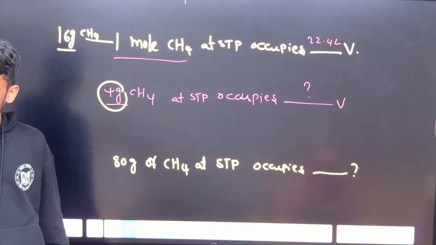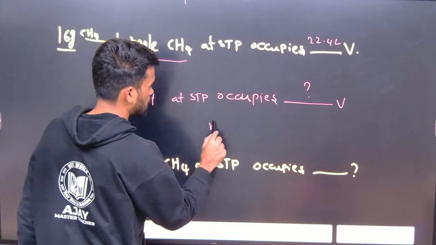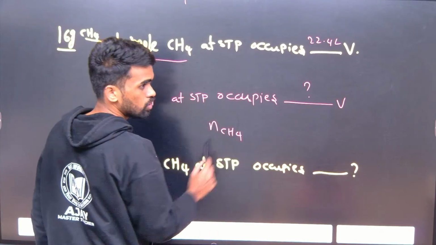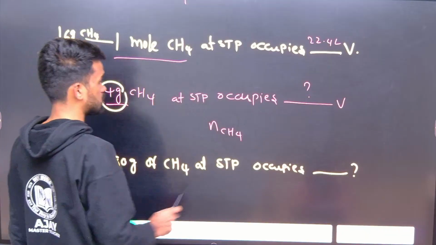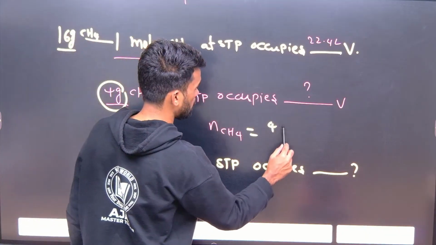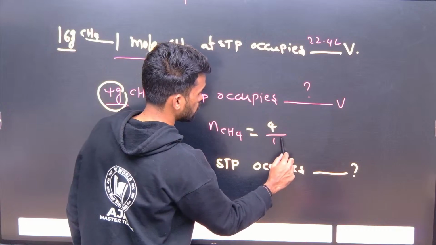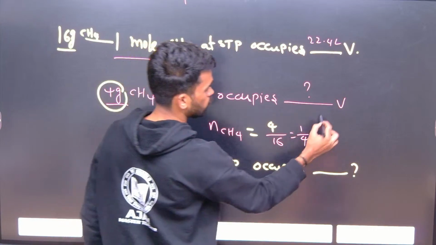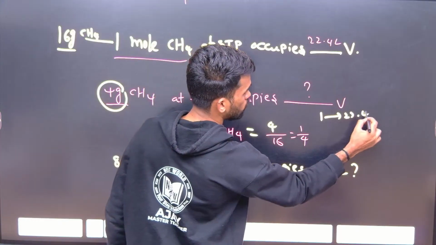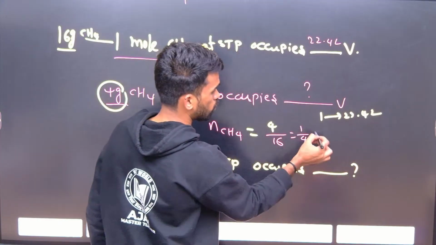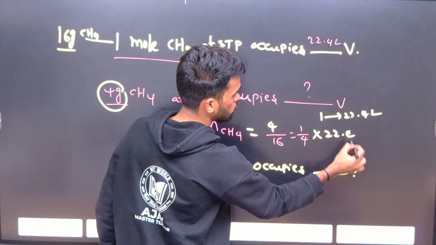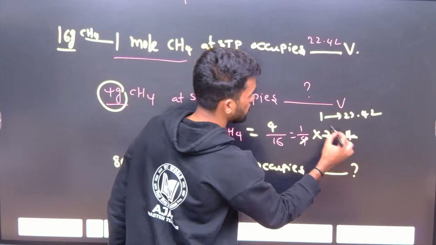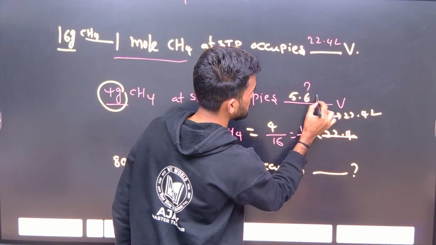Is that clear what we are doing? Always try to calculate the number of moles first, which is the given weight by its molar mass. So you are going to get the moles. We know 1 mole means 22.4 liters, so you just multiply the moles with 22.4 liters.